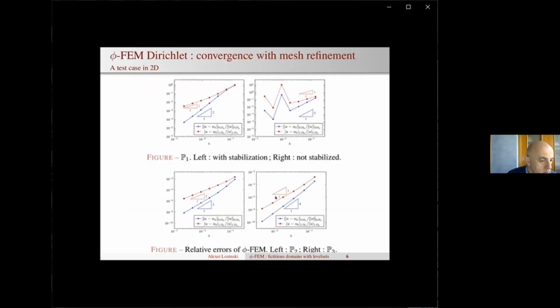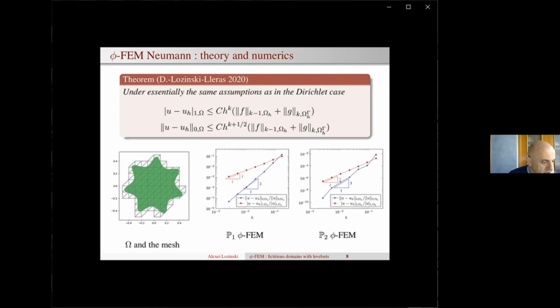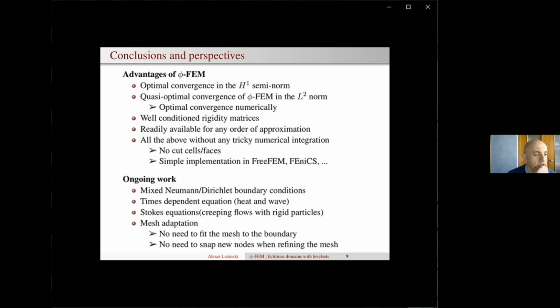So numerical results indeed indicate the optimal convergence in both norms with P1, P2, P3 finite elements. And here is a graph to indicate that stabilization is really necessary. We can do the same with Neumann boundary conditions, although everything is more complicated, but both theoretical and experimental evidence is there. And here are my conclusions.